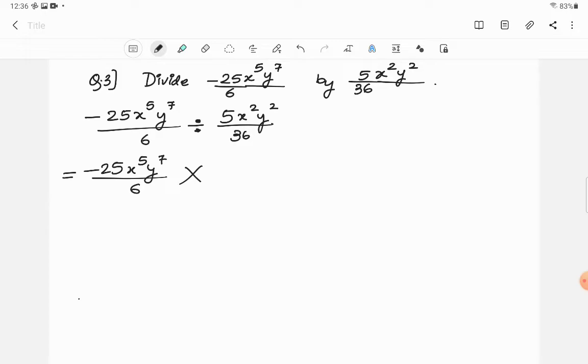So flip means take a reciprocal of the right hand side monomial. Reciprocal means the denominator 36 will come in the numerator and the numerator will go in the denominator like this. So this procedure is called keep, change, flip. Alright, keep the left hand side, change the divide to a multiply and flip.